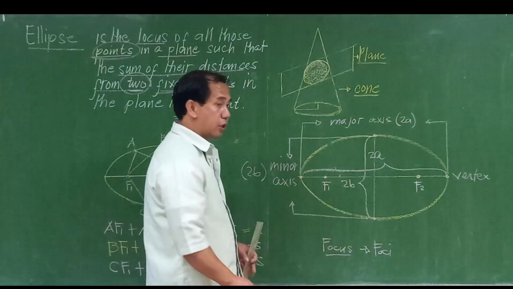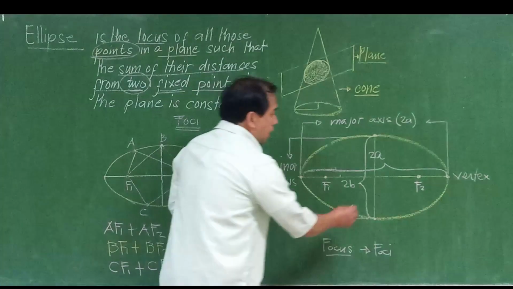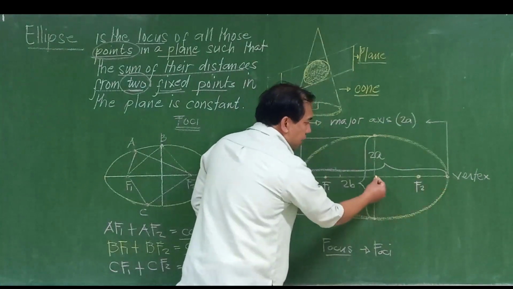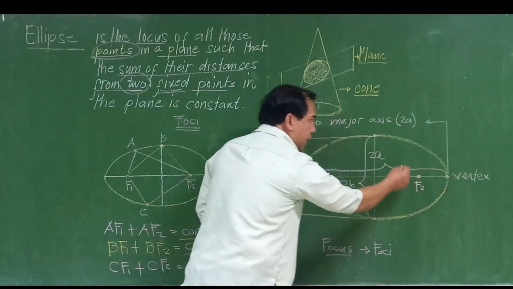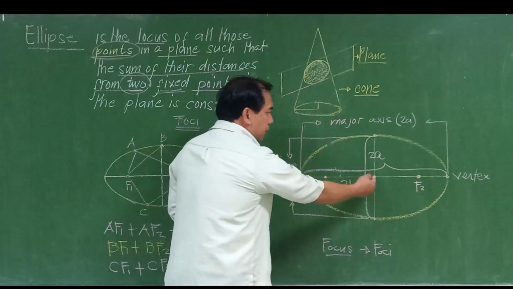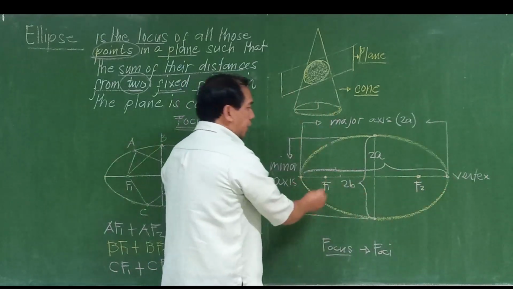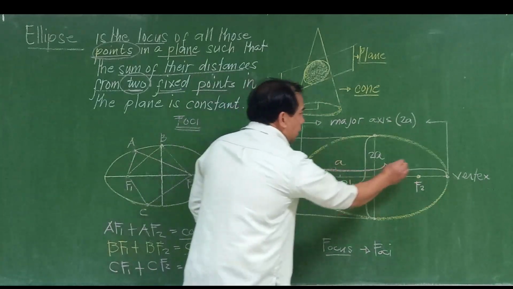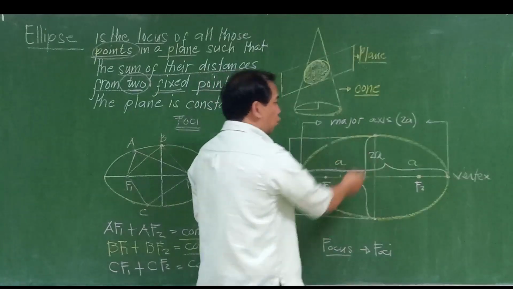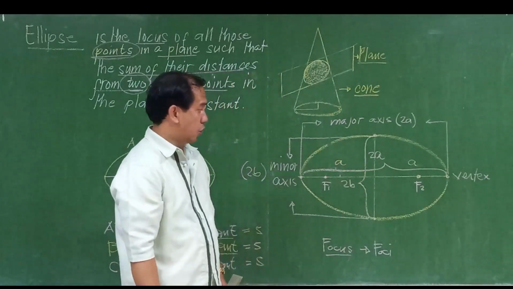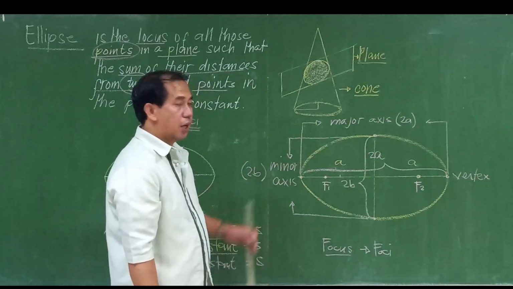Where is the location of the 2A? From the center going to the right, to the vertex, that is A. Another one, from the center going to the left, that is another A. So, to add it all, we have 2A as its measure. Now, the same goes with the minor axis.